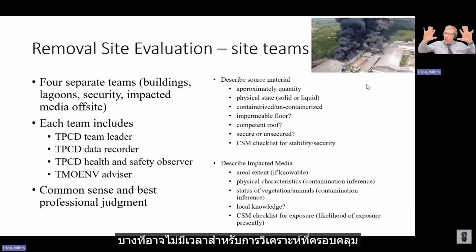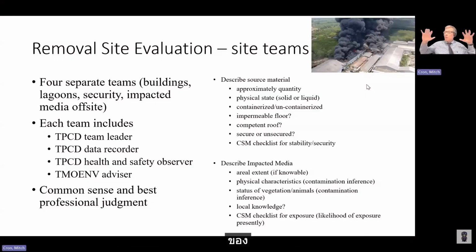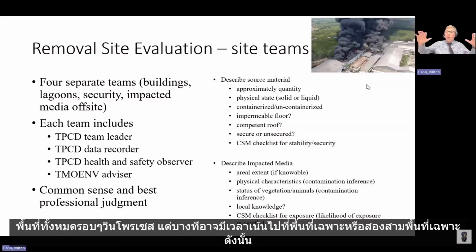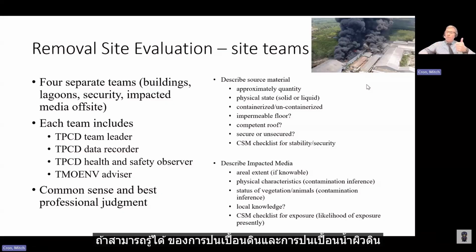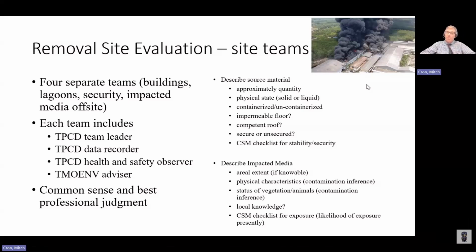Maybe there's not time for a comprehensive analysis of all the areas around Wind Process, but maybe there's time to focus on a specific area or a couple of specific areas. So with regard to impacted media, I wanted the investigative teams to focus on the aerial extent, if it can be known, of soil contamination and surface water contamination.